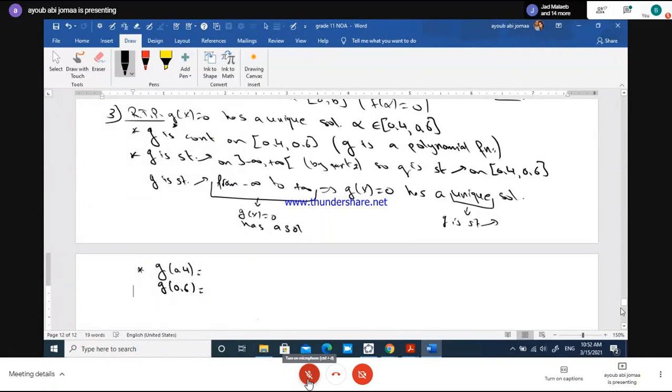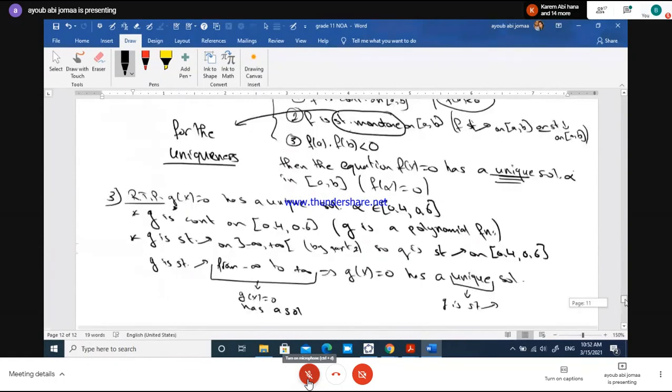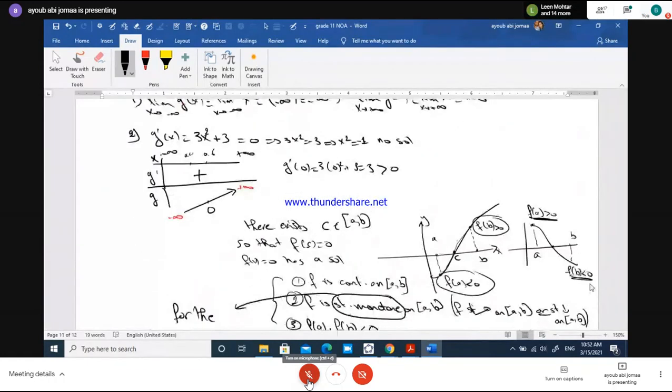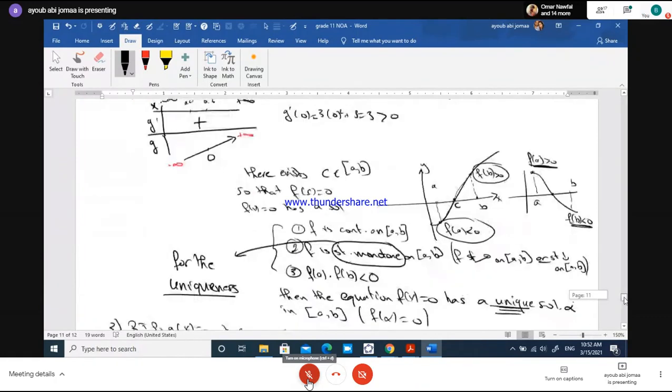Once it is strictly increasing from negative infinity to positive infinity, it has a unique solution. اوكي طيب هلا اكثر من هيك انه عم بقول انه this solution will be in the interval 0.4, 0.6. هلا بدي اجيب g of 0.4 and g of 0.6 and prove that the product is negative. Do the third condition.